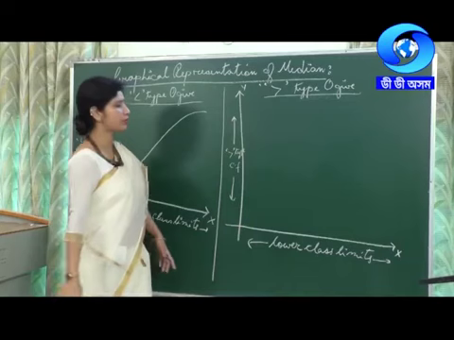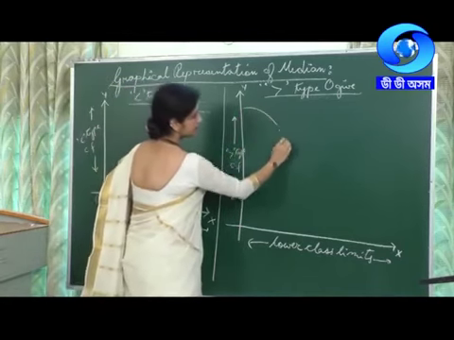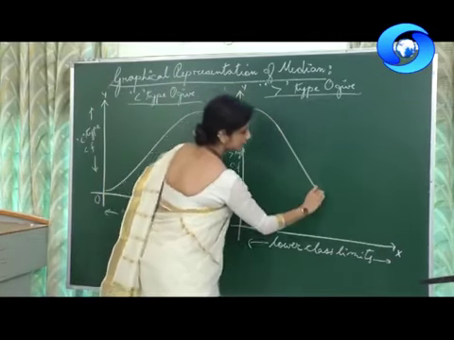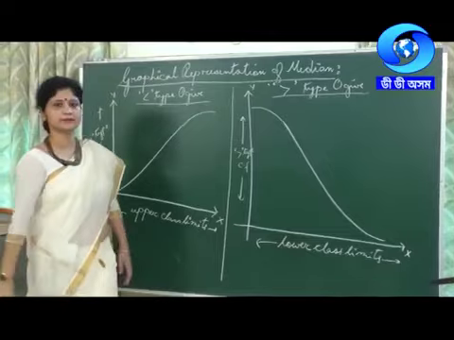And when points are plotted from the given distribution, we shall get the more than type cumulative frequency curve, which looks somewhat like this.